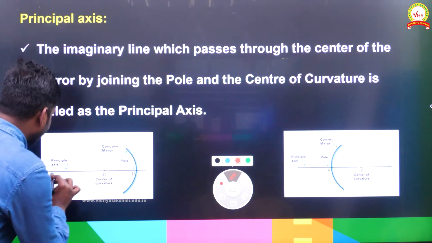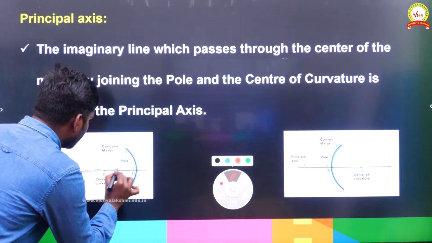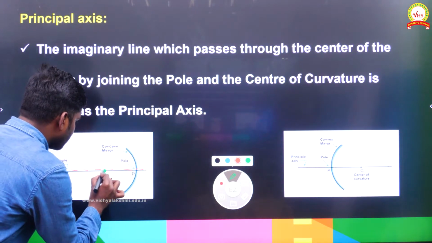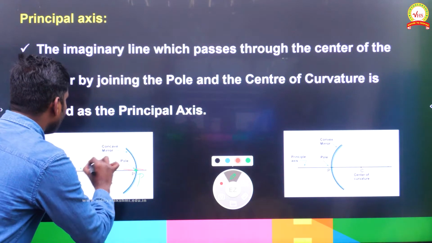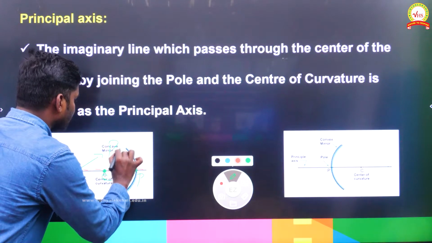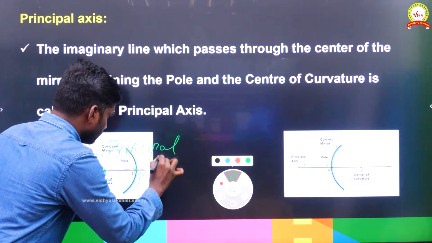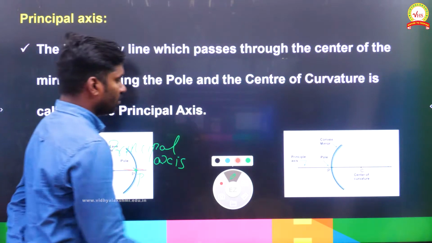In this diagram, one imaginary line is passing through the center of the mirror by joining the center of curvature and the pole. This imaginary line we will be calling the principal axis.